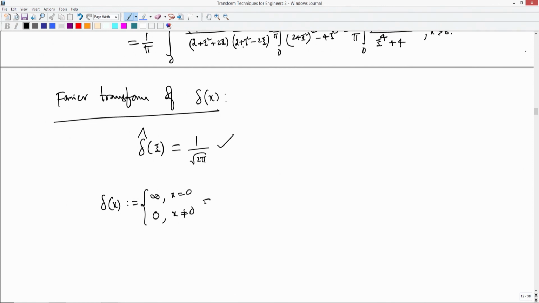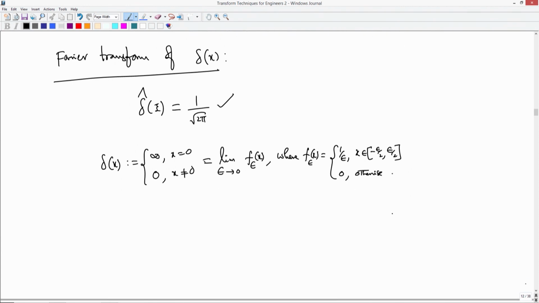I can think of this as a limit as epsilon goes to 0 of some usual functions f epsilon of x, where f epsilon of x is 1 by epsilon if x belongs to minus epsilon by 2 to epsilon by 2, with closed intervals of course, and 0 otherwise.